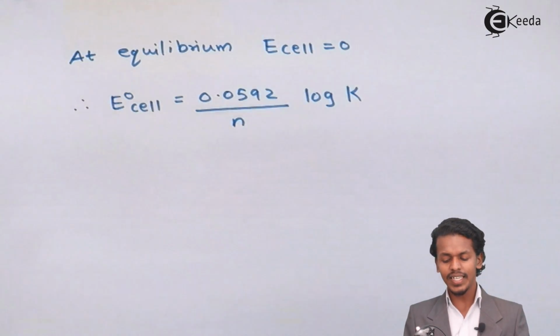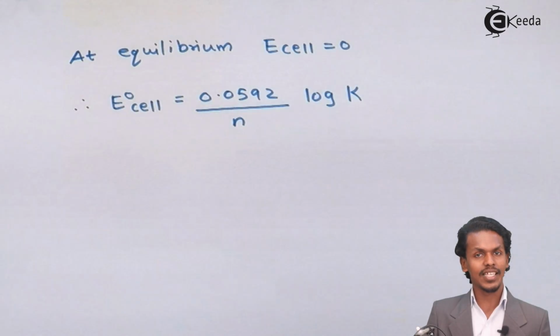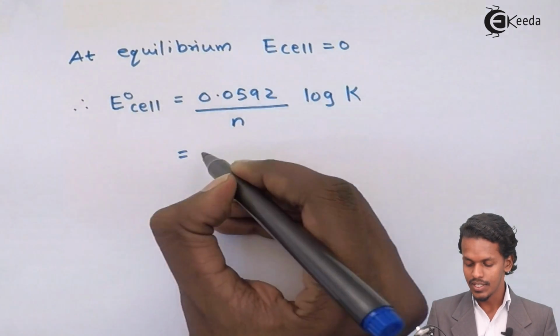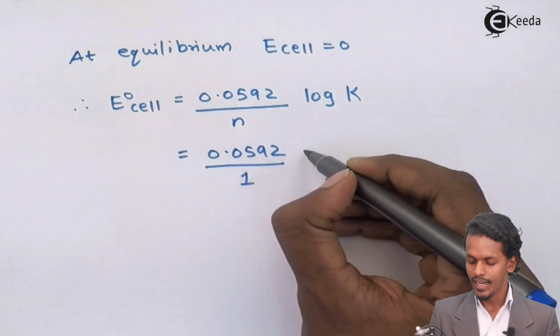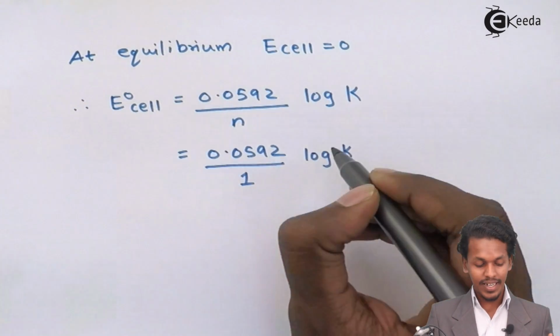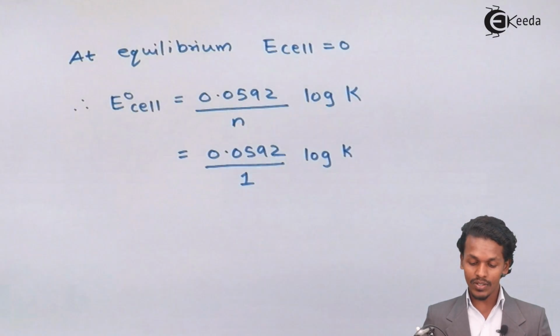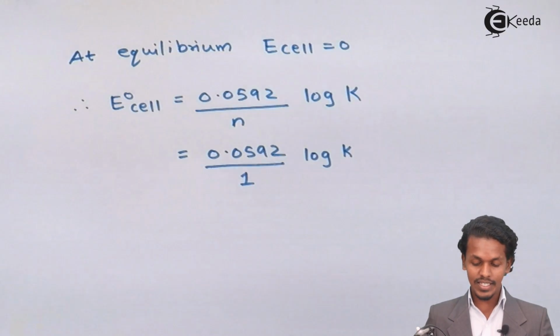In this case we have recently calculated that the value of n is 1. Therefore 0.0592 divided by 1 into log of K. But recently we have also calculated the value of E naught cell, which was found to be 0.36 volt.